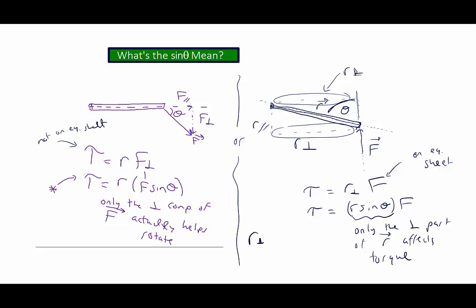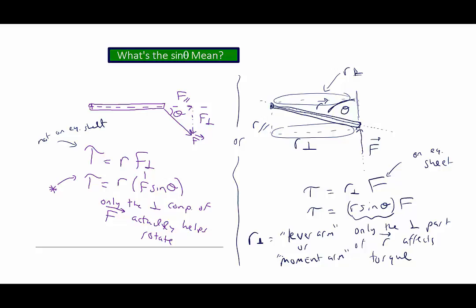That's the component of the radius that is perpendicular to the force acting, and that is known as a lever arm, or a moment arm. So that's the actual radius component that is helping you to torque that object. Okay.